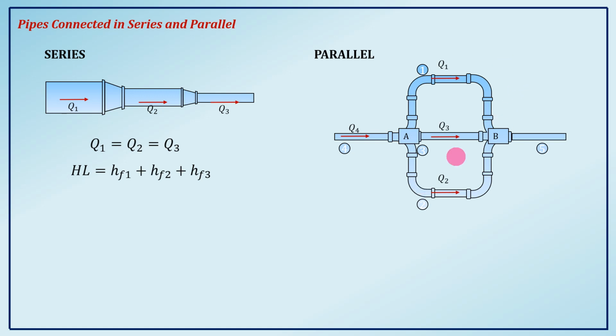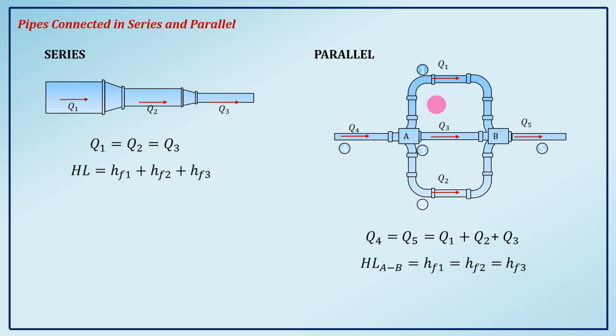So, we have Q1, Q2, and Q3. And after that, they go to point B, so we have their Q5. Now, Q4 and Q5 from this analysis are equal, and Q4 and Q5 are equal to your Q1 plus Q2 plus Q3, because, again, continuity equation.